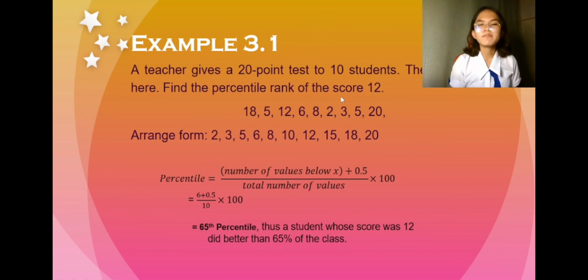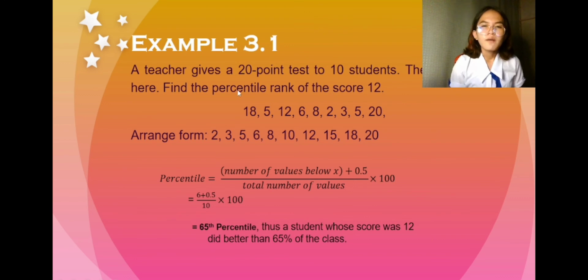So the step is to arrange them like this. And there are 10 of them: 1, 2, 3, 4, 5, 6, 7, 8, 9, 10. And use the formula. Percentile equals number of values below x plus 0.5 over total number of values times 100.